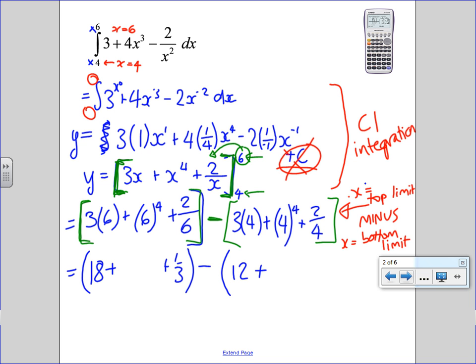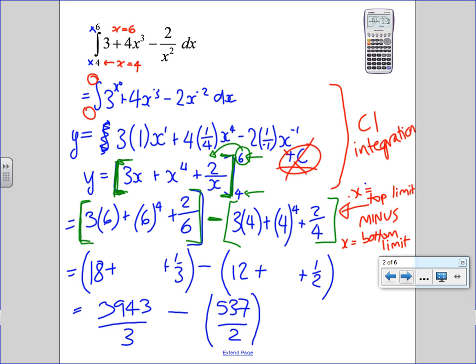Okay, apparently this first bit is 3943 over 3, and then this bit is 3 times 4 plus 4 to the 4 plus 2 over 4, which is 537 over 2.